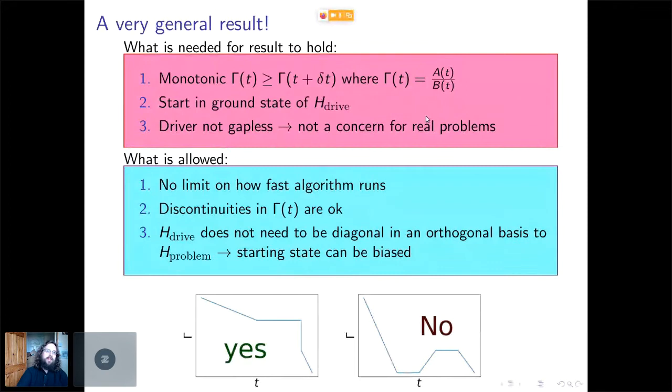You start in the ground state of your driver Hamiltonian, and there's a third criteria, which is more of a technical criteria that you don't need to worry about. And in all realistic cases, that one should be fine. But I put it up there just for completeness.